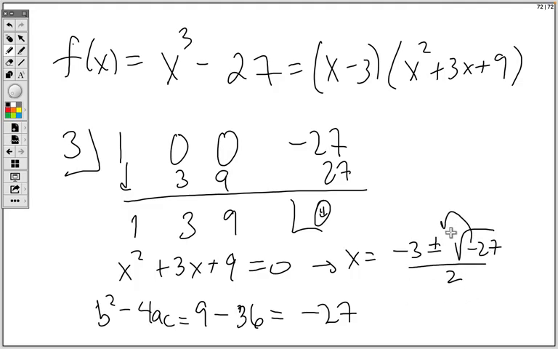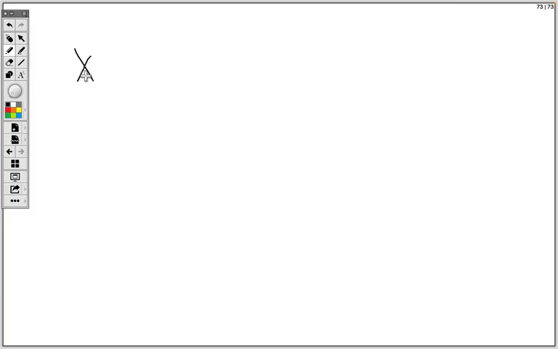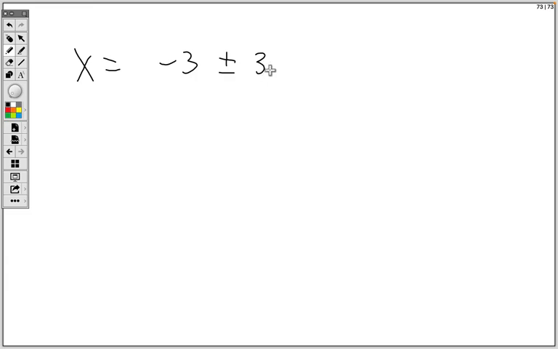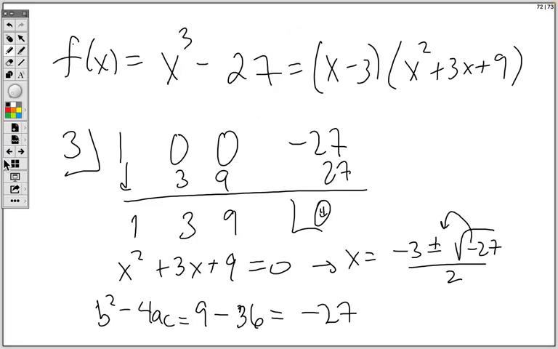The negative comes out, and it's going to give you the i. So negative 3 plus or minus, I've got a perfect square of 9 in there, so 3i square root of 3, all over 2. So these are two more cube roots of 27, but they're non-real complex numbers.